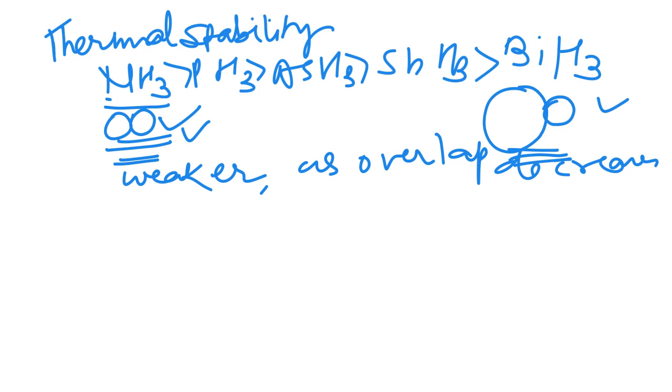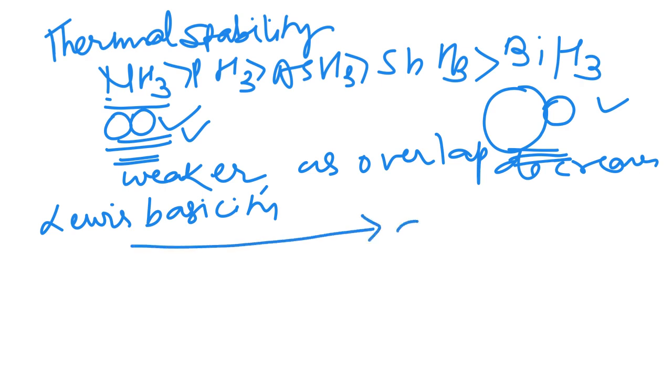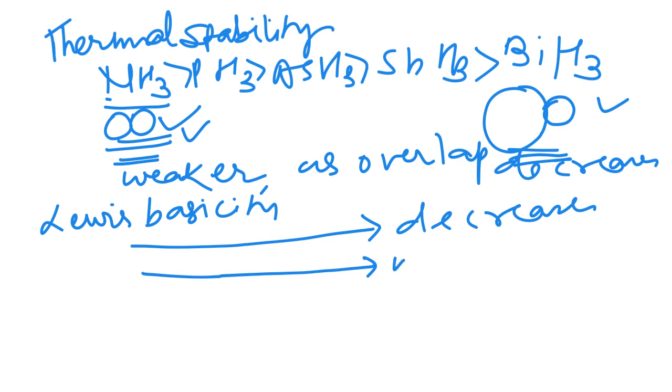The next property is basicity. Basicity, what you see here, the basicity decreases in these hydrides, and acidity increases. So acidity increases and basicity decreases.